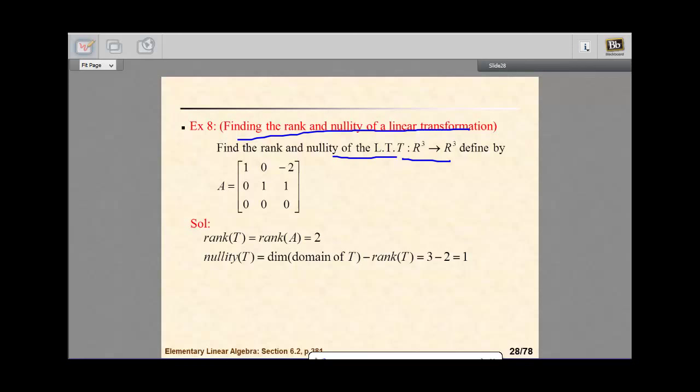So first of all, tell me what is the rank of this matrix. If you remember the definition of the rank, it is the number of non-zero rows. So how many non-zero rows are there?